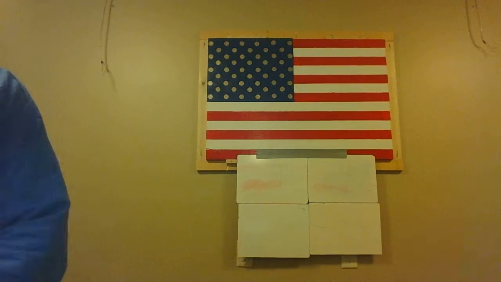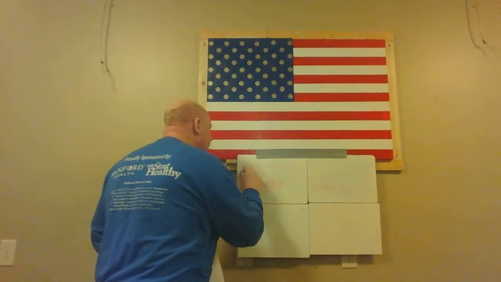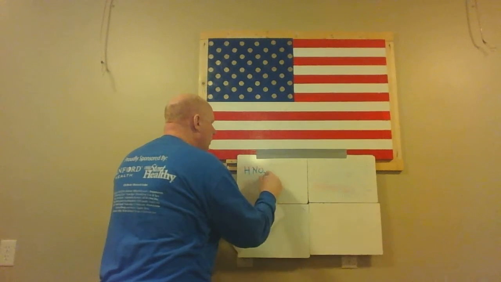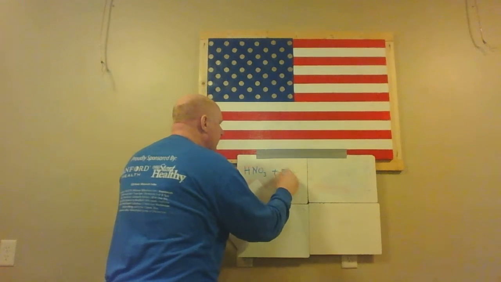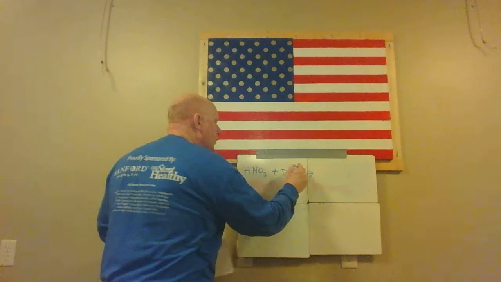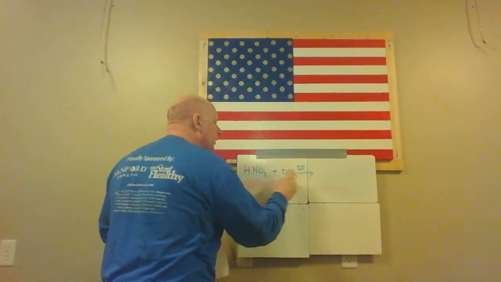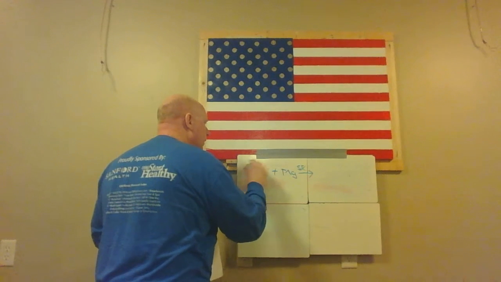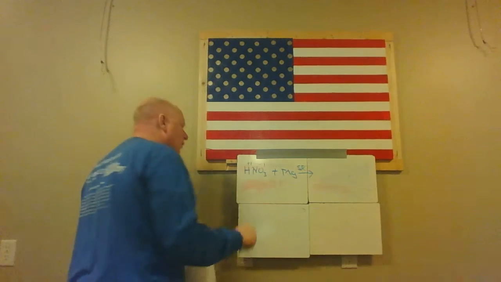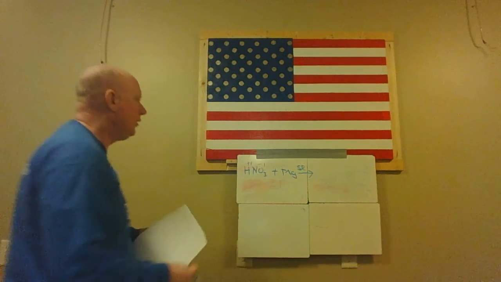Okay, so we've got HNO3 plus some magnesium. Now, one of the things that we know is it doesn't give you what the charge of magnesium is in this equation. But we know that, again, the charges will not change from one side to the other.